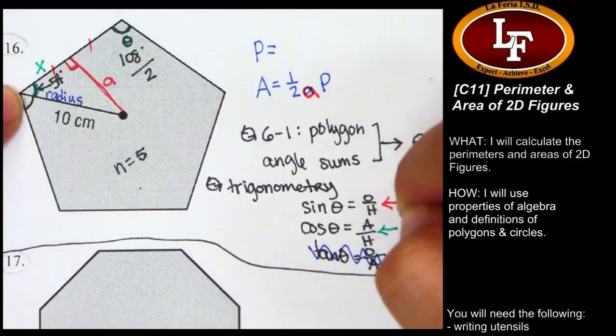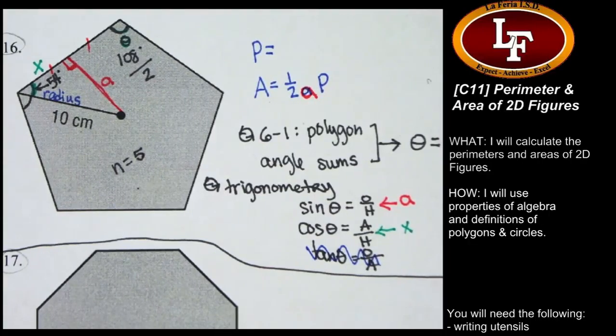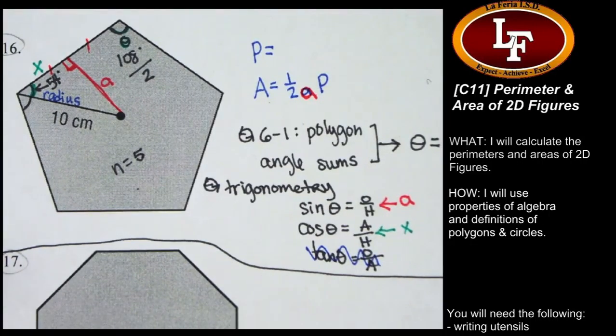Cosine is adjacent. So in this example, I can use cosine to help me find the side length of the polygon, and I can use sine to help me calculate the apothem. Go ahead and try that now. Pause the video, and when we come back, I'll walk you through it.